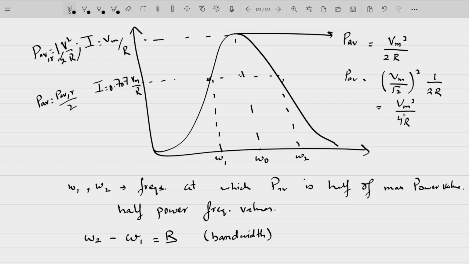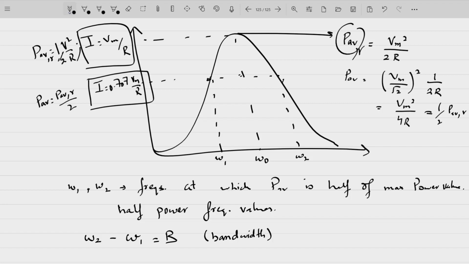So this is now half of this particular value. This will only happen once actually omega is changing, current is changing. So at this particular point at which current is equal to 0.707 Vm divided by R, Vm तो constant है, Vm actually change नहीं हो रहा है, but at that particular value of current, there will be a value at which power will be half.